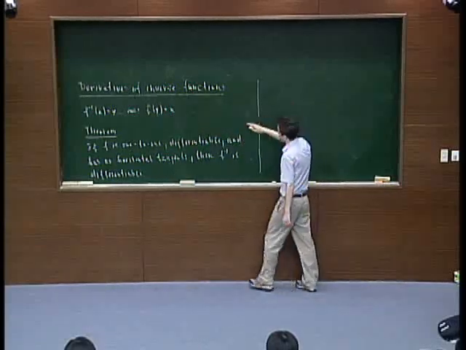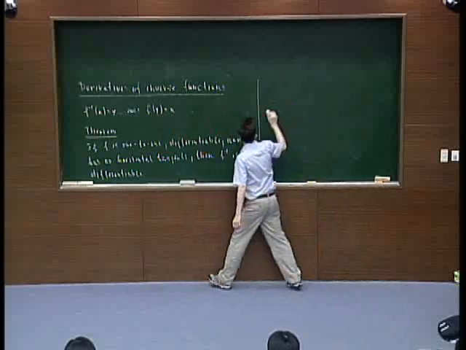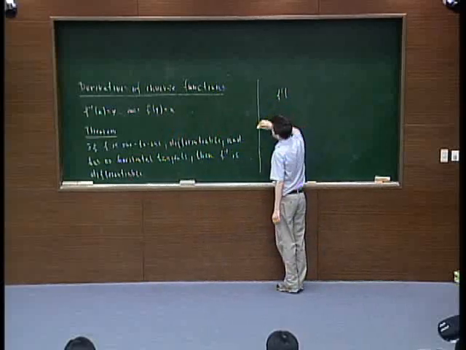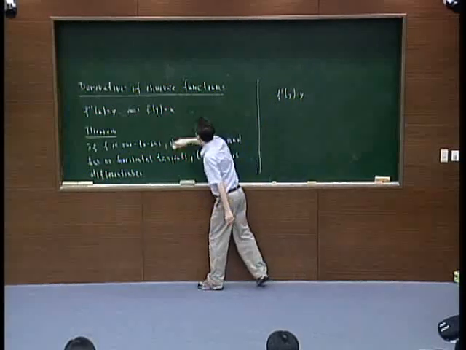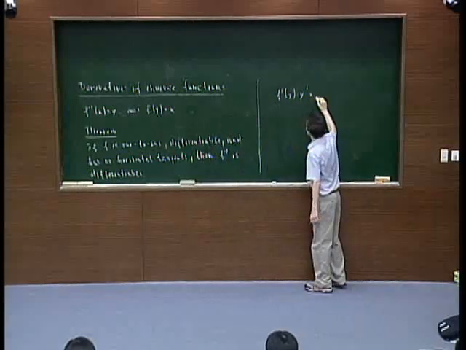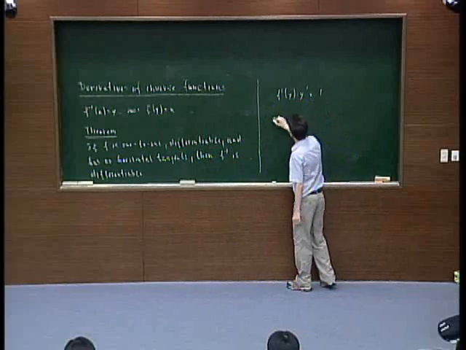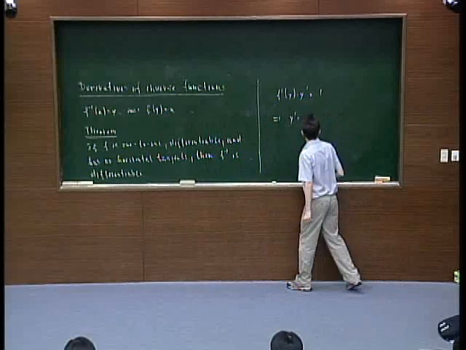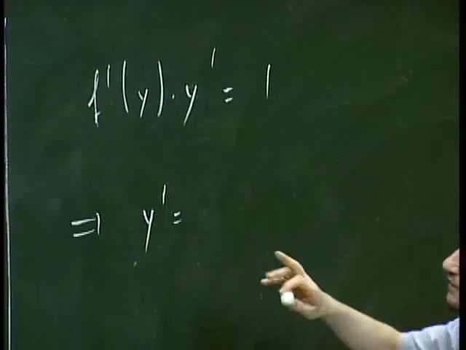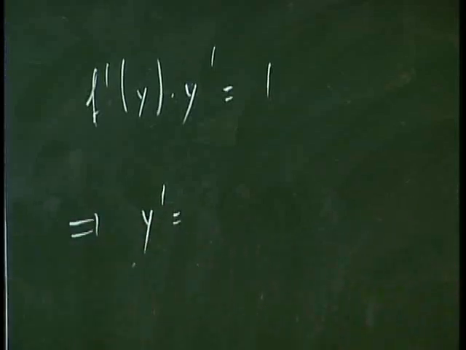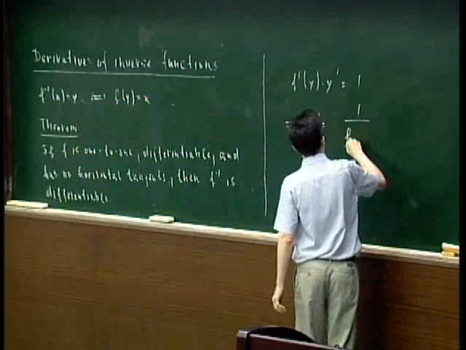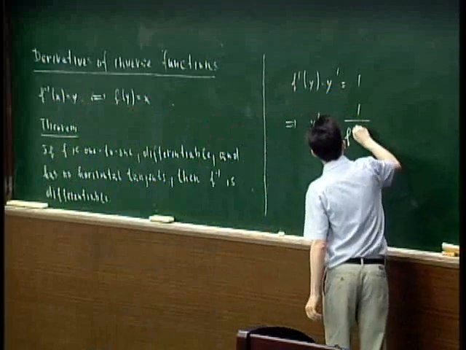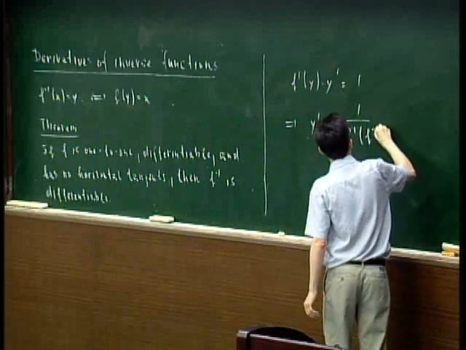So by taking derivatives on both sides, you have the derivative of f at y, which is the composite function, times the inner derivative, equal to 1. So you see that the derivative of the inverse function is given by 1 over the derivative of f, plugged in the inverse function.